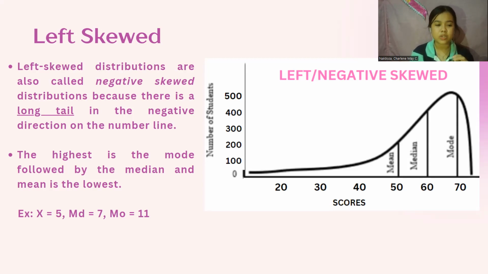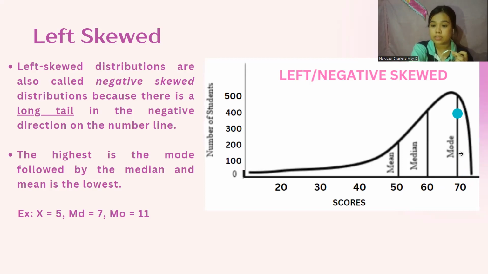So in left skewed, the highest is the mode, followed by the median, and the mean is the lowest. Here in the left skewed, there are a lot of students who got the score of 70.